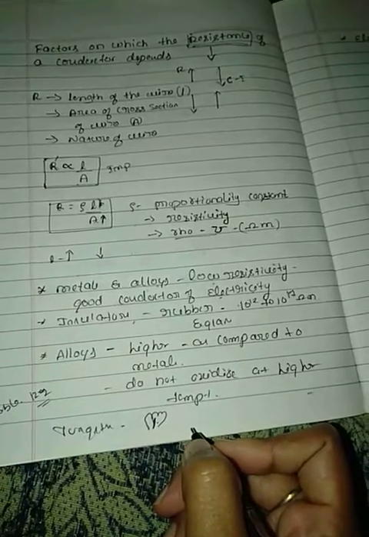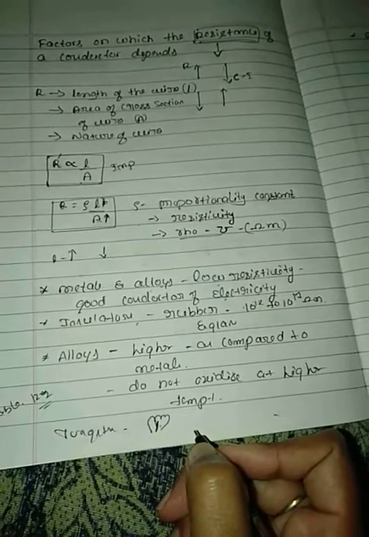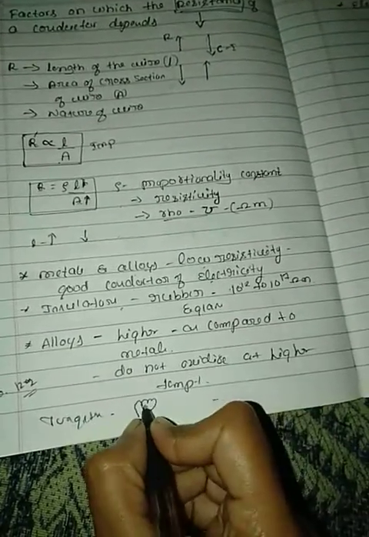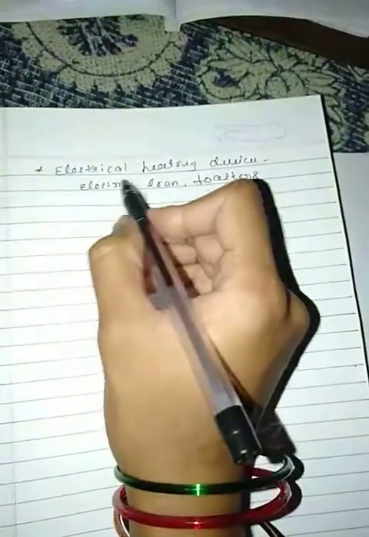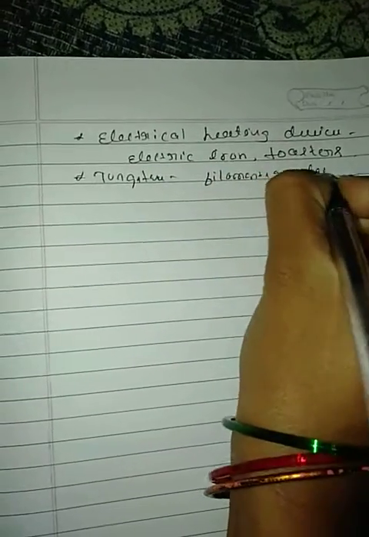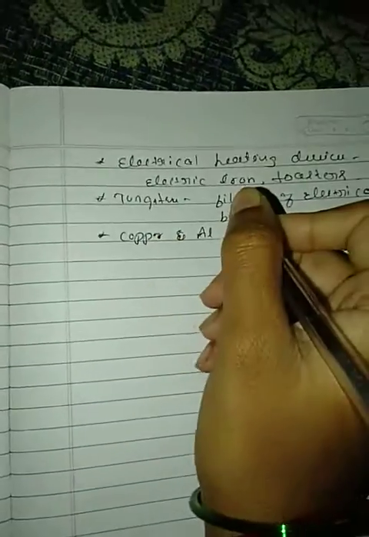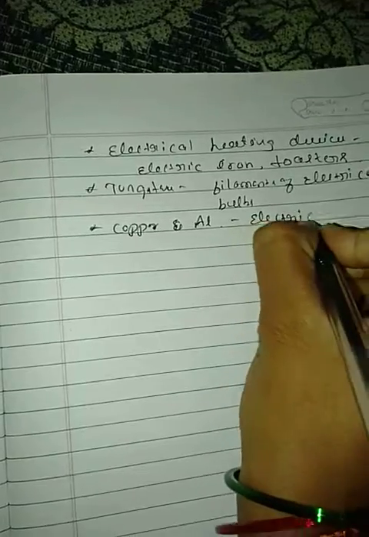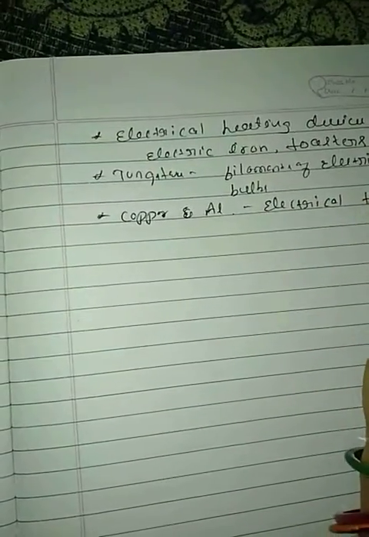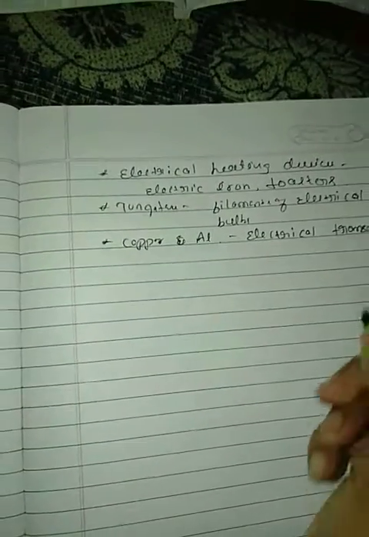Remember that alloys are used in electrical heating devices, tungsten is used in filaments of electrical bulbs, and copper and aluminum are used in electrical transmission lines.